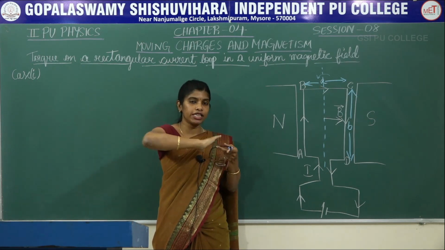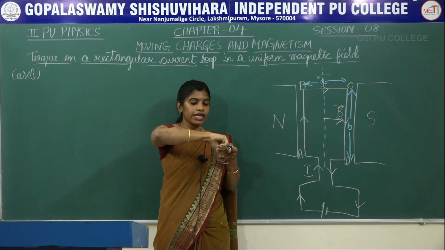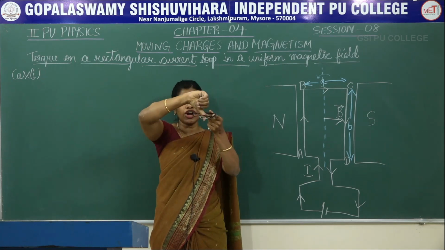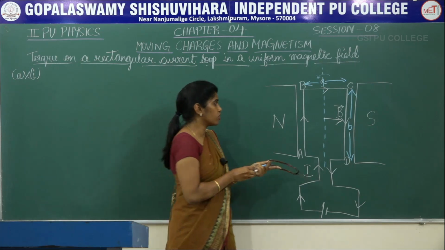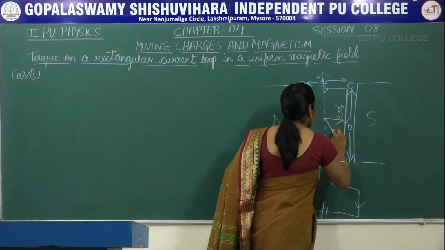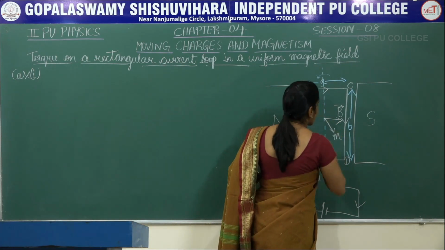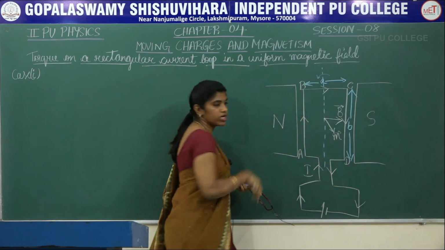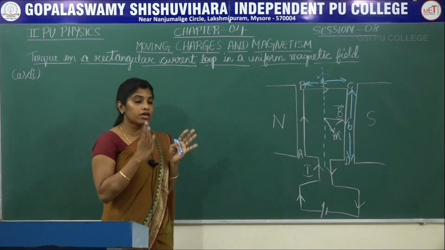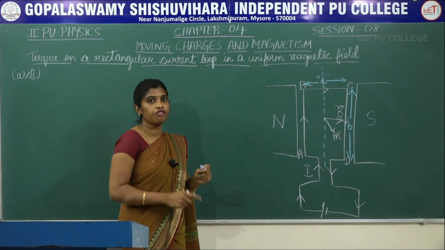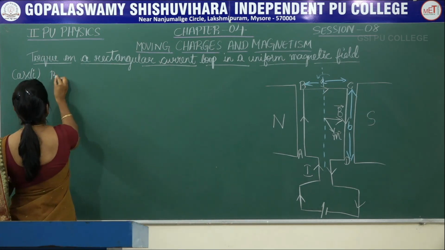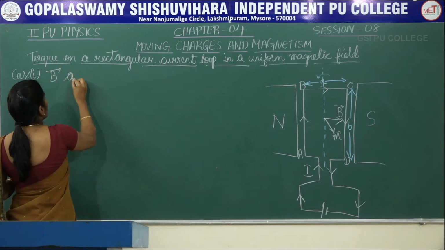If you just curl in the direction of the current and see, it is downwards. Therefore, the magnetic dipole moment will be acting downwards.